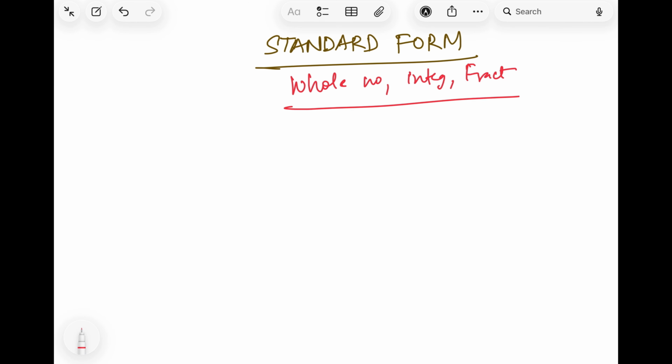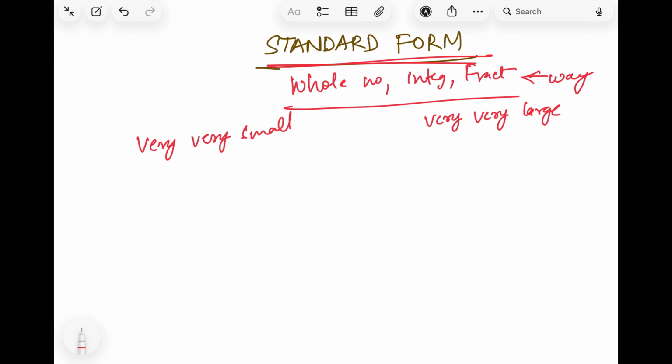So there is a way of writing all the numbers. Not necessarily all numbers are small. Sometimes you will have to write very, very small numbers, sometimes very, very large numbers. At that time we need this standard form.